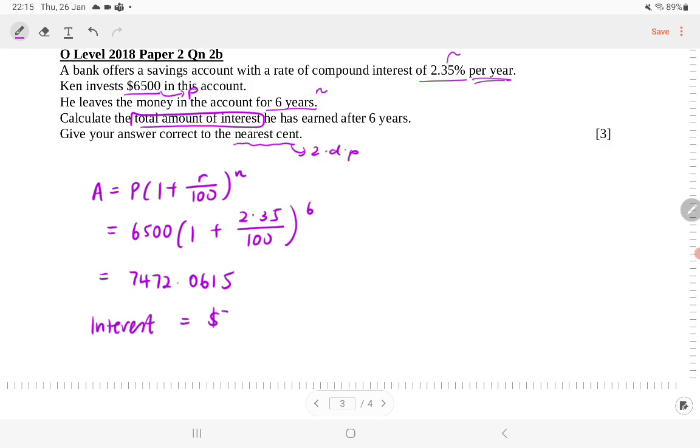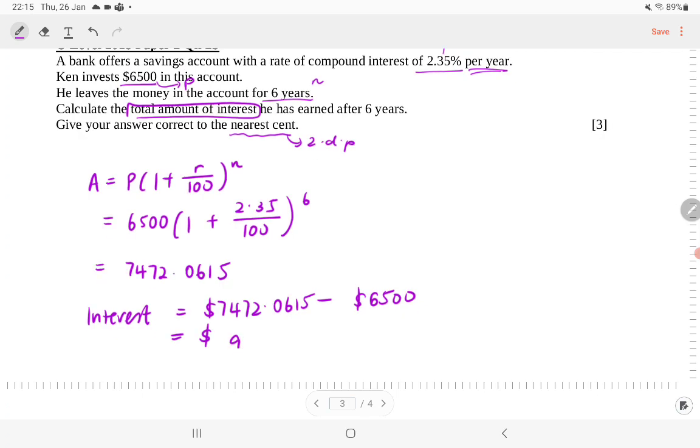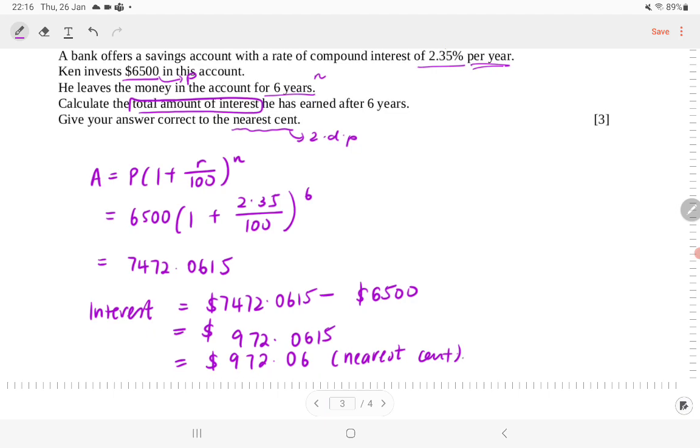So you take the total amount and you minus away the original principal amount and you get this answer. Okay, so 2 dp nearest cent will be 6. Okay, and you are done for this.